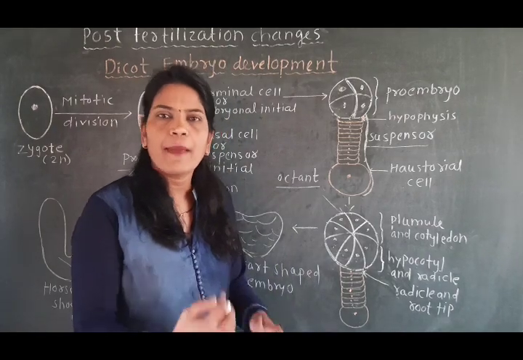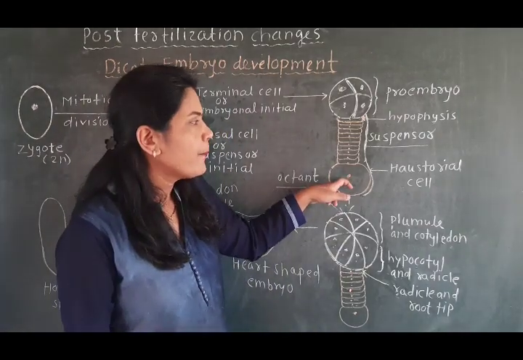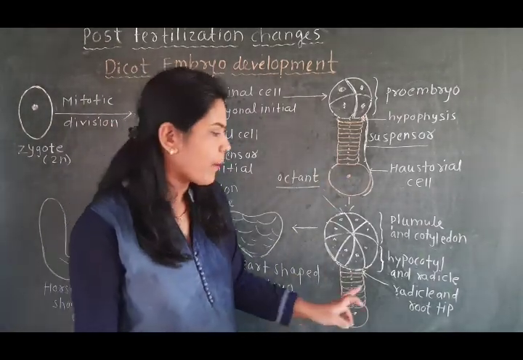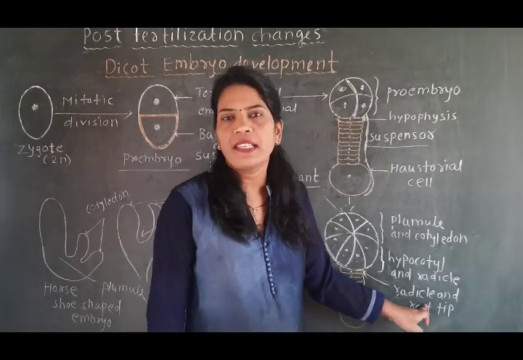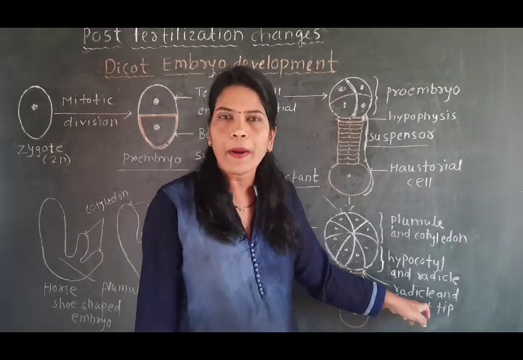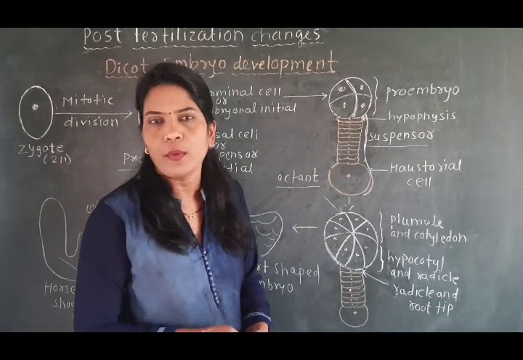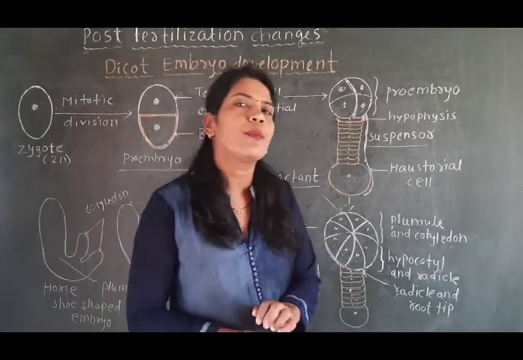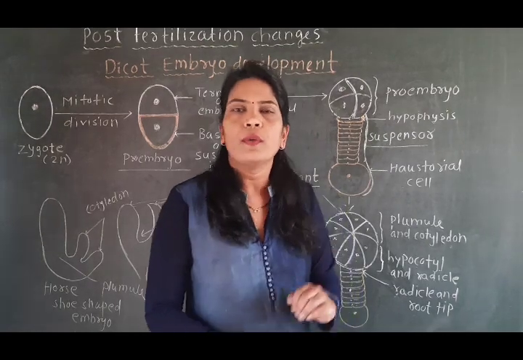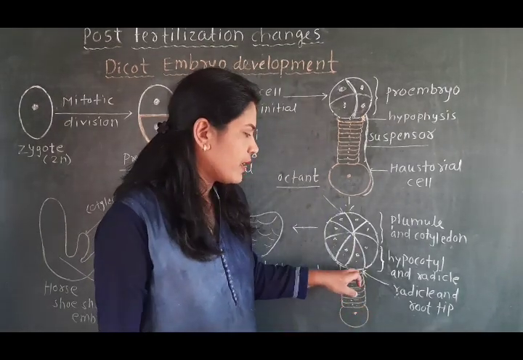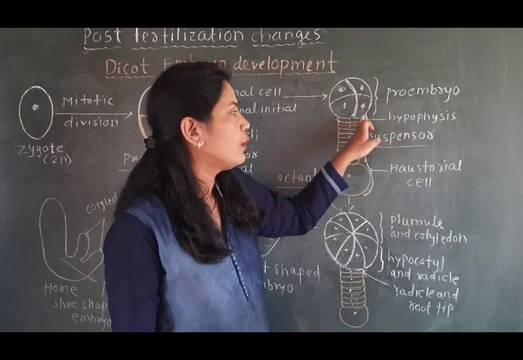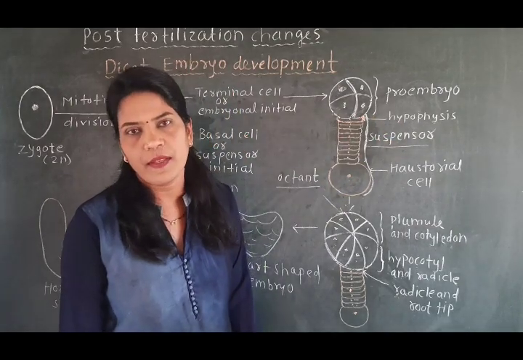That means this hypophysis part of the suspensor also forms the radicle part, which later gives the root of the plant, and the root tip, the last apex part of the root, is formed from this hypophysis, the lowermost cell of the suspensor.